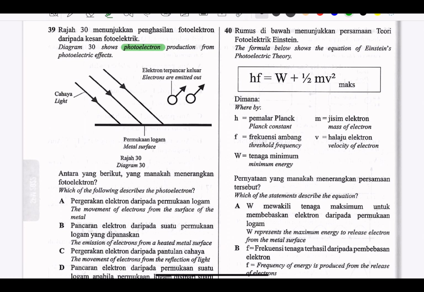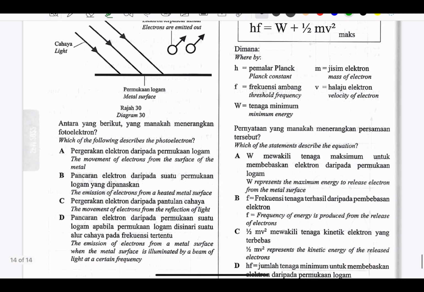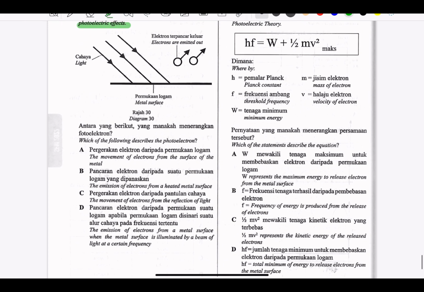Photoelectron produced from the photoelectric effect. Which of the following describes the photoelectron? The movement of electrons from the surface of the matter. Okay. The emission of electrons from a heated matter surface. No, this is thermionic emission. The movement of electrons from the reflection of light.